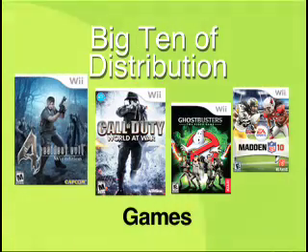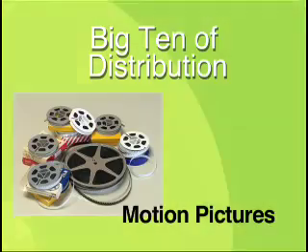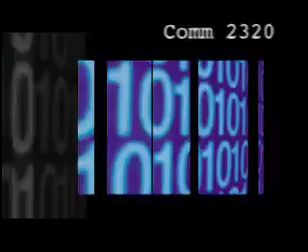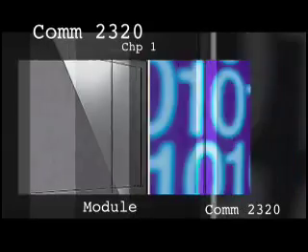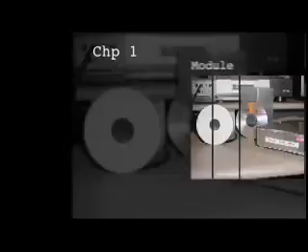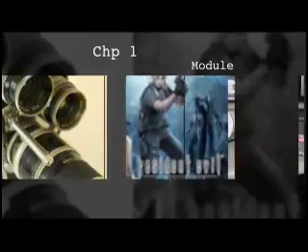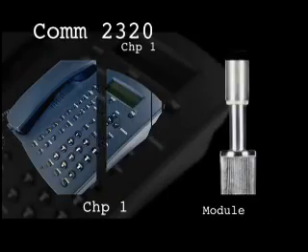Games are very important since more and more people are using games. In other words, bigger audiences, and you want to reach out through games to also pass your messages. But traditionally, motion pictures has been a format to distribute and still is. So those are a couple of things that I think you need to understand out of Chapter 1, and I think these are important items that you will need to know.